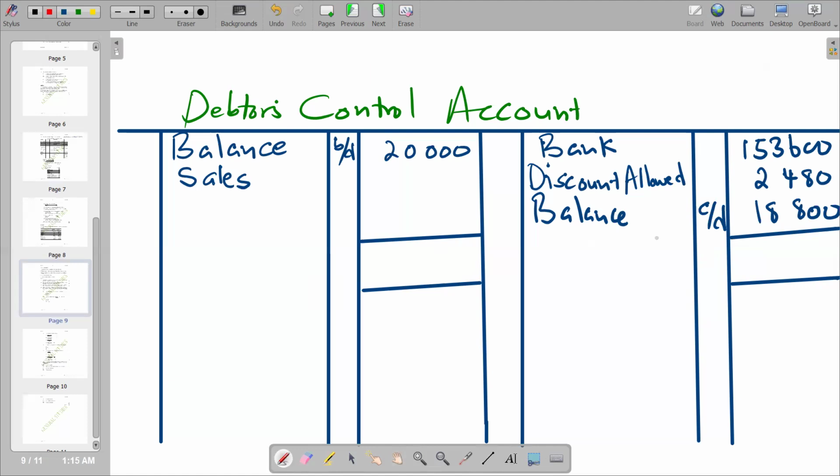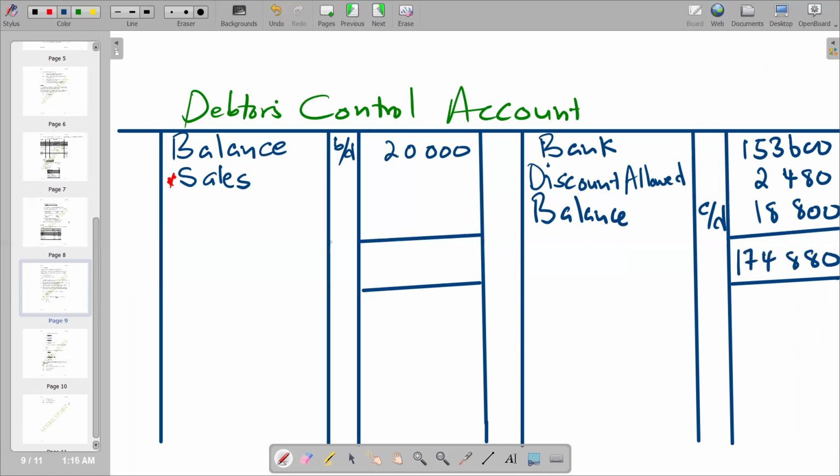So obviously our sales figure is the one that we are looking for, and we should find it as a balancing figure. So what we are going to do is to total both sides. If we add 153,600 plus 2,480 plus 18,800, we are going to get a total of 174,880.